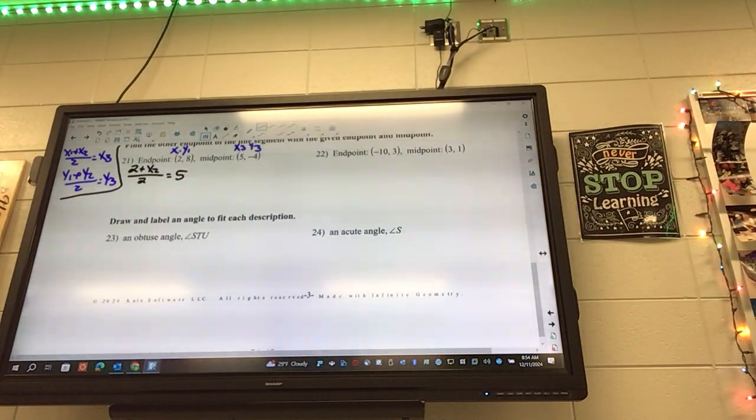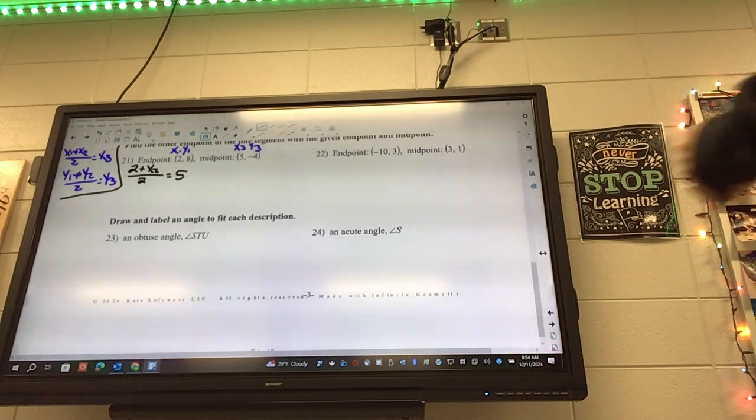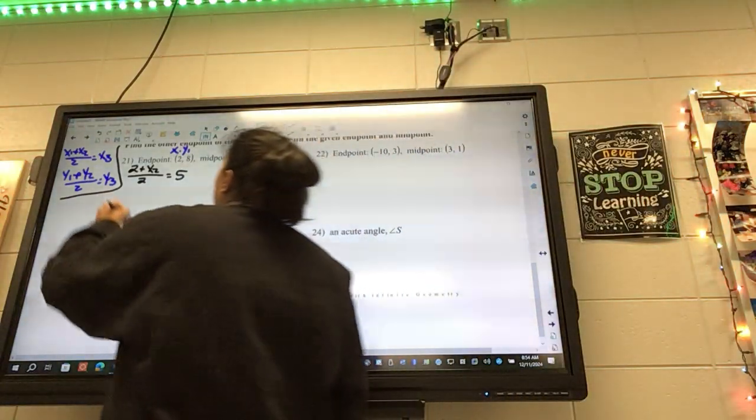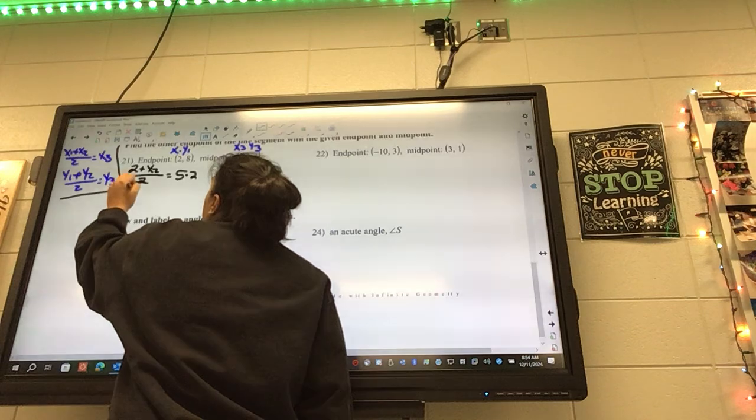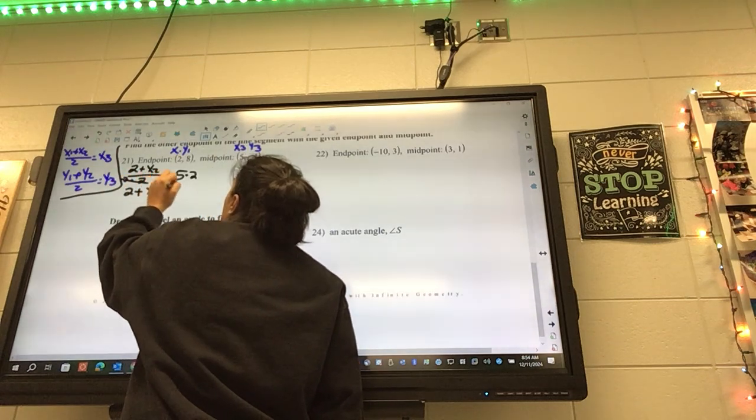Okay, so there's always 2 steps on these. The first step is to multiply, the second step is either add or subtract. Multiply, then add or subtract, every single time. So our first step is to multiply by 2 on both sides, so times 2, times 2. So I got 2 plus x2 equals 10.